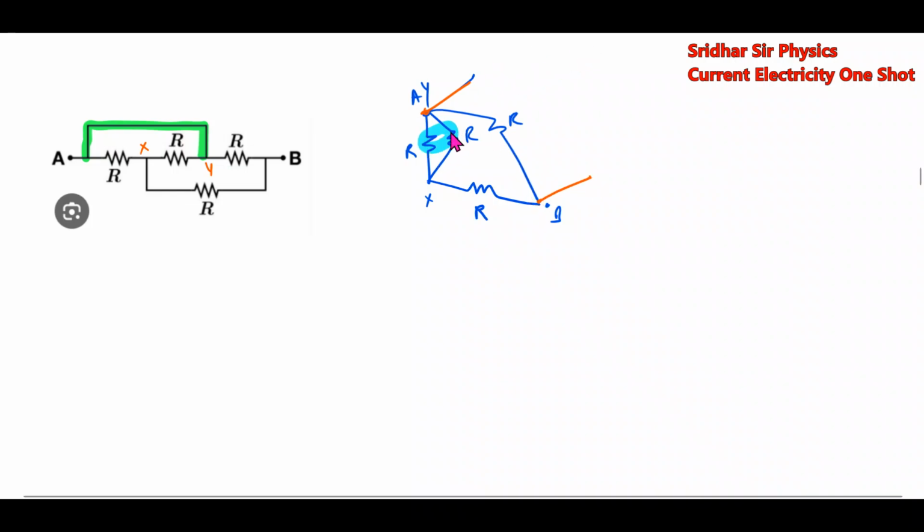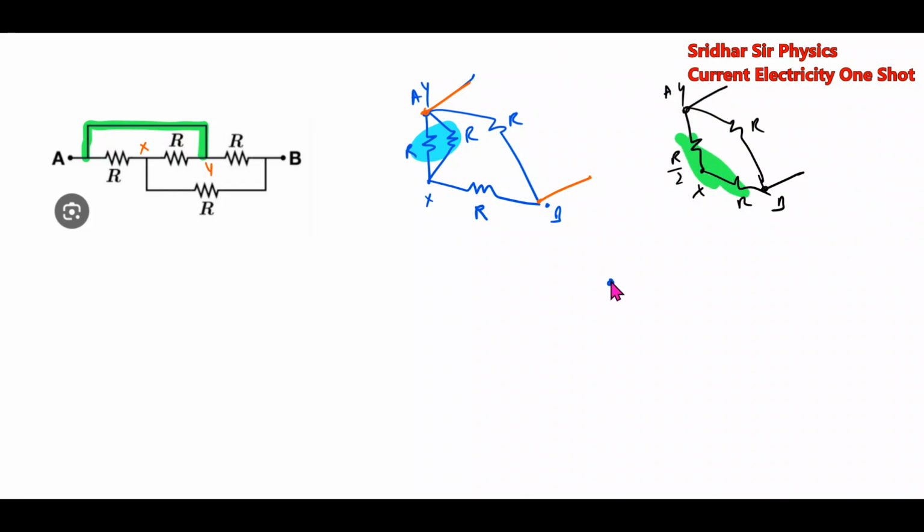These two are in series, and that effective is in parallel. So the next part of the circuit will be R by 2, this will be R. These two are in series, 3R by 2. Solve it now. Now these two are parallel.